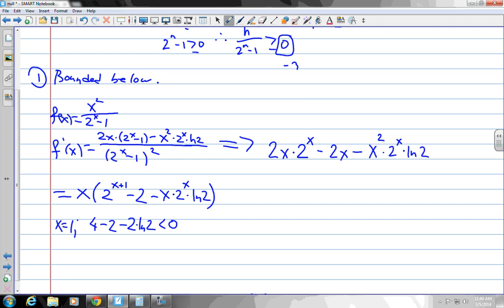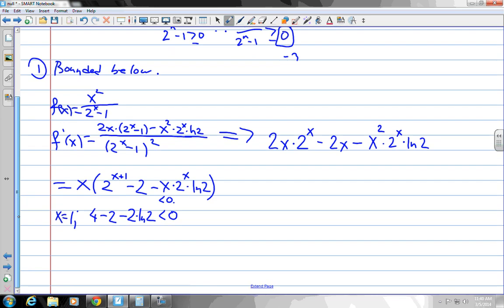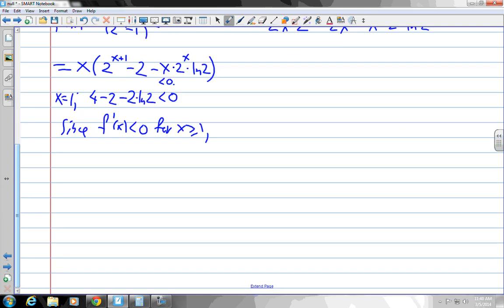And so it will be the rest. So the derivative is negative, then the function is decreasing. That's a decreasing sequence. Since the derivative is negative, the function is decreasing on that interval, so the sequence is decreasing.